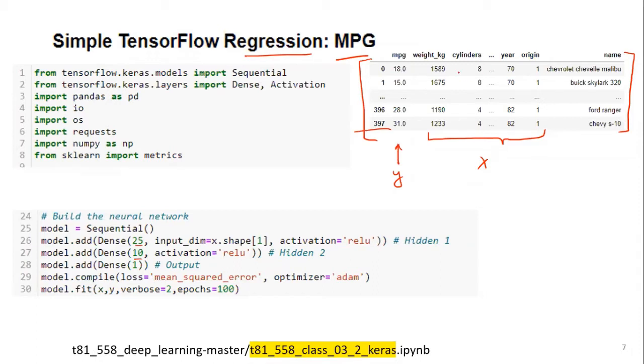There was various input data which was given: the weight of the car, the cylinders, the year, the origin, and so on. This was of course descriptive data which wasn't really used. And so this was an example of regression. It wasn't classification. The network looked like this. You had imported the Sequential module of Keras.